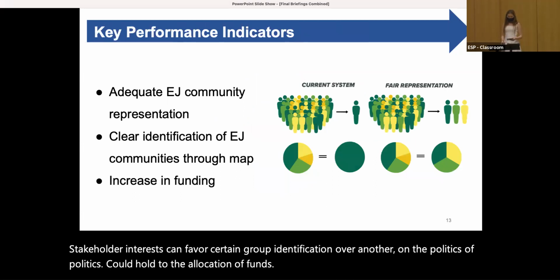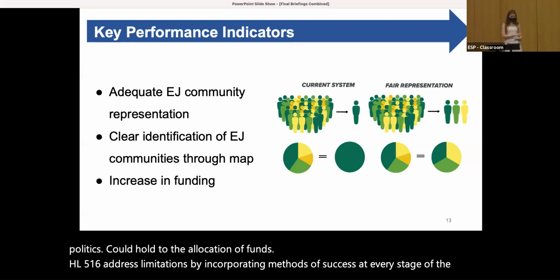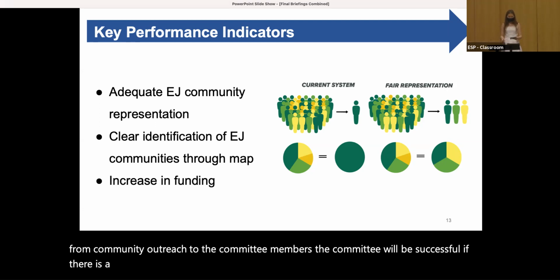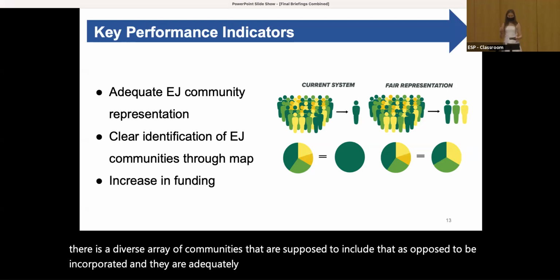funds. HR 516 addressed its limitations by incorporating methods of success at every stage of the process, from community outreach to the committee members. The committee will be successful if there is a diverse array of communities that are supposed to be incorporated, and they are adequately represented, whereby monitored collaboration is vital.